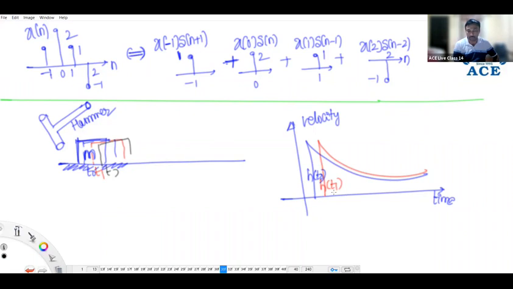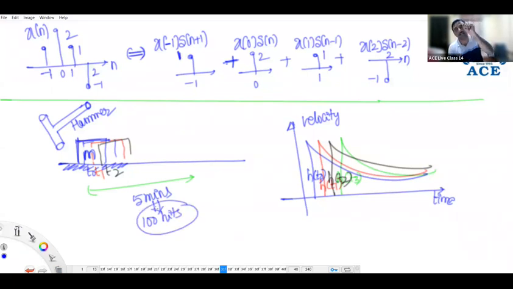Assume the output is like this. Like that, if I conduct that experiment for 5 minutes, you may make 100 hits depending on your capacity. 100 hits means 100 impulsive hits.